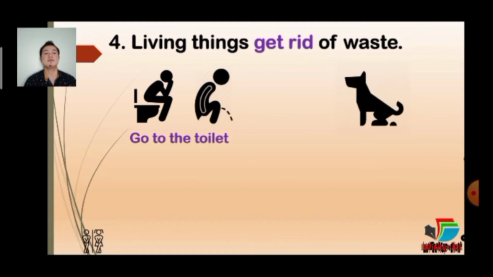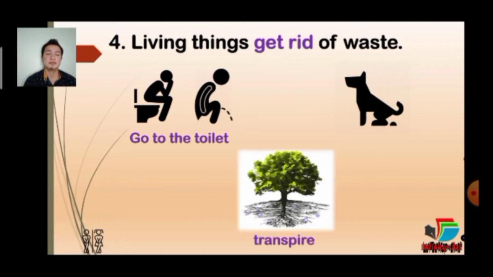Animals too, like dogs and cats, also get rid of waste. Plants too get rid of waste by transpiring. Basically, they use water which comes from the soil and it goes out through the leaves when the sun shines.